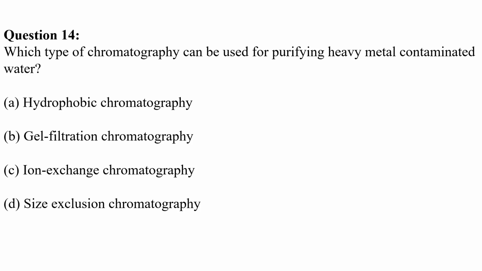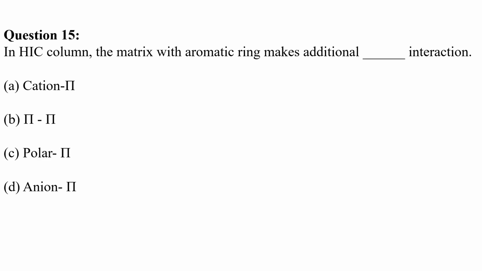So ion exchange is the correct answer. This is the process of making deionized water, or converting hard water into soft water. In that ion exchange column, generally strong anion exchangers or strong cation exchangers are used for removing these ionic contaminations.